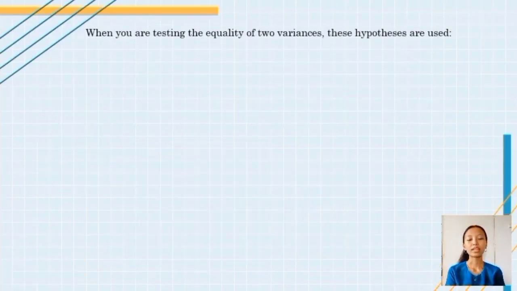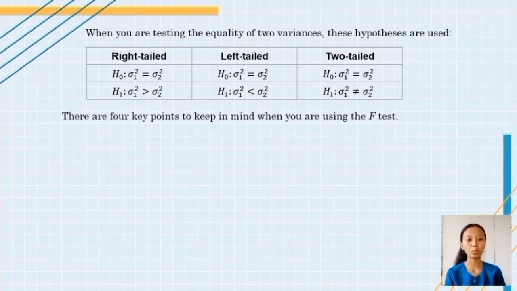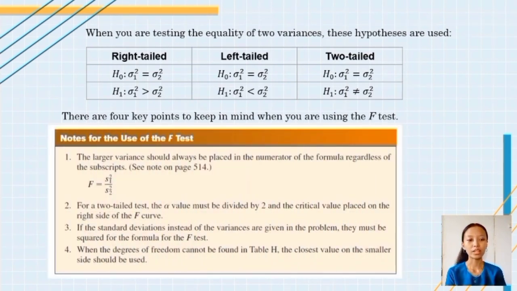When you are testing the equality of two variances, the following hypotheses are used. We must remember that there are four key points to keep in mind when you are using the F-test. First, the larger variance should always be placed in the numerator of the formula, as I've stated earlier, regardless of the subscripts.